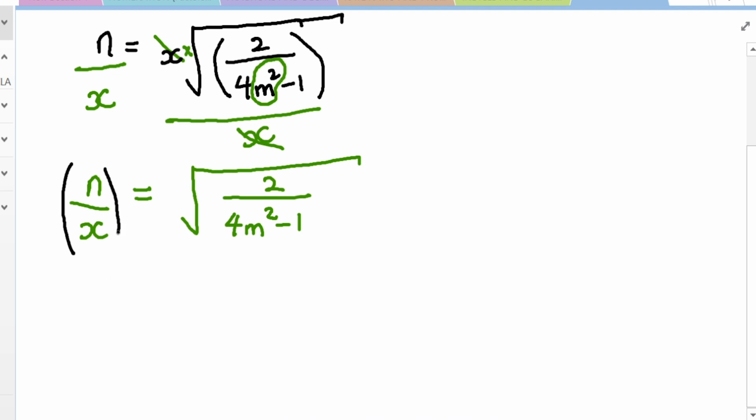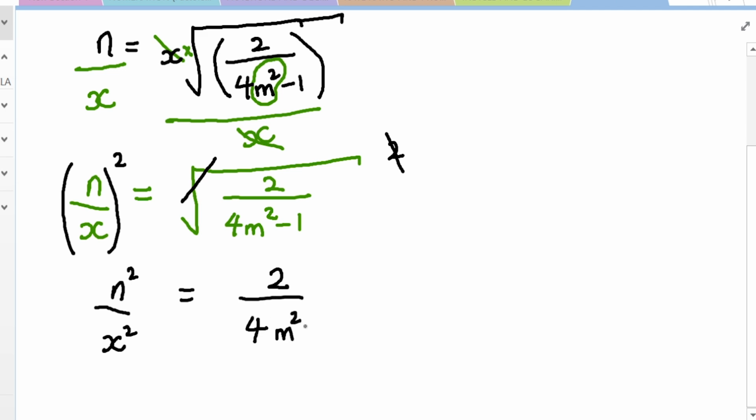By squaring on both sides. So square that side and square that side, so that the square root sign cancels. You remain with n squared over x squared, equal to 2 over 4m squared minus 1.